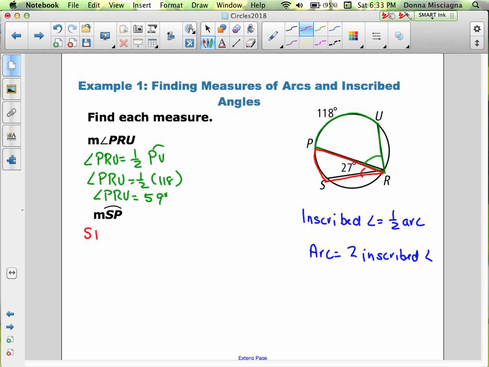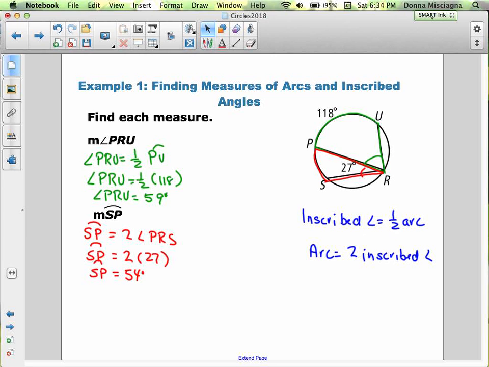So arc SP is equal to 2 times the inscribed angle, which is angle PRS. Right, and angle PRS is 27 degrees, so that means that arc SP is 54 degrees. And there we go. And we got the first one done.